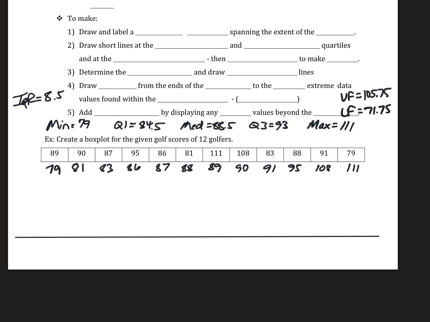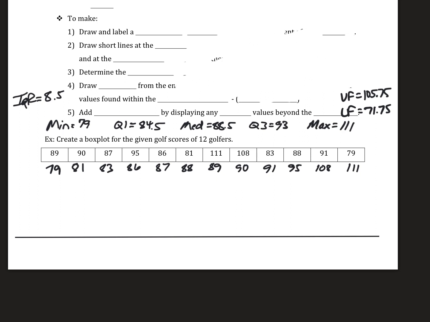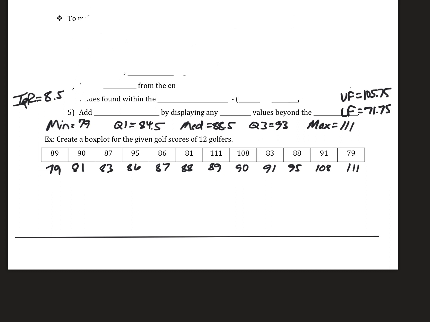And then I've also calculated the upper fence. The upper fence is very simple to calculate. All right. So the upper fence is Q3 plus 1.5 times the IQR.